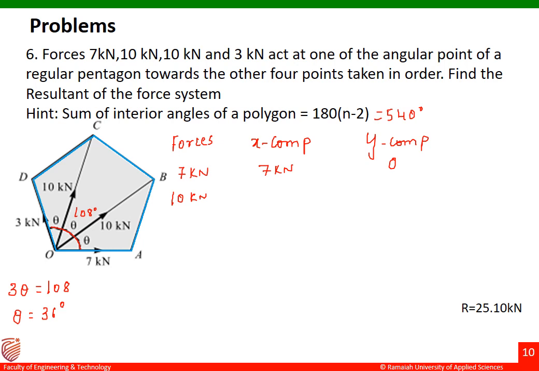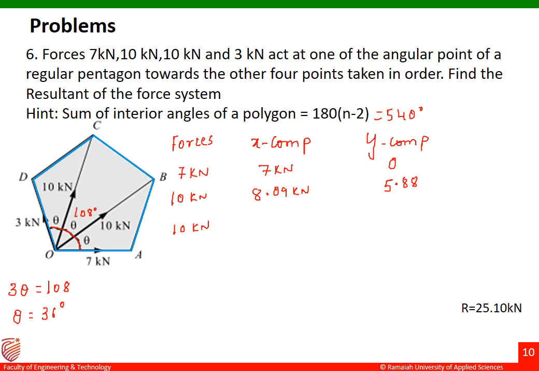10 cos 36, you'll get the answer as 8.09 kilonewton. Similarly, y component is 10 sine 36 degrees, which is plus 5.88. So this is the second force, 10 kilonewton. The third force, that is 10 kilonewton, is acting at an angle of 36 into 2, that is 72 degrees with respect to the horizontal.